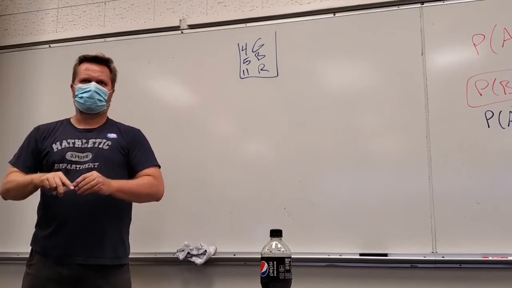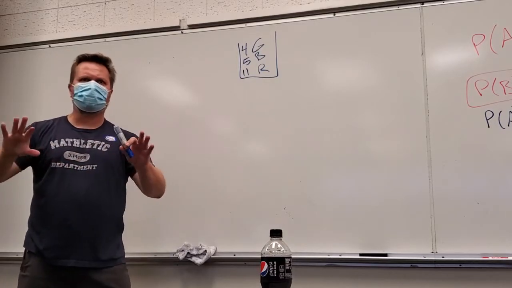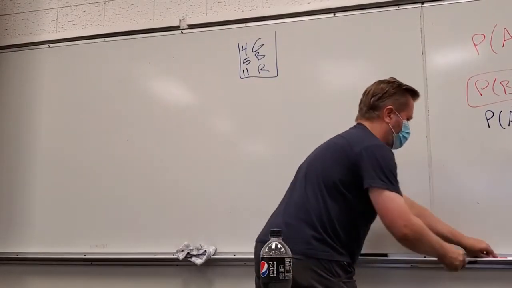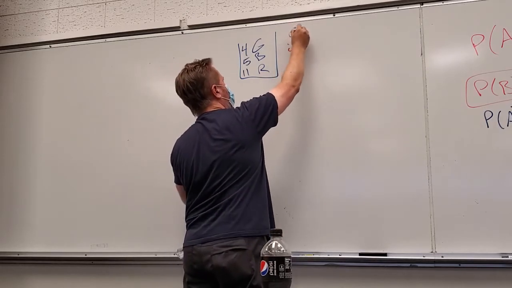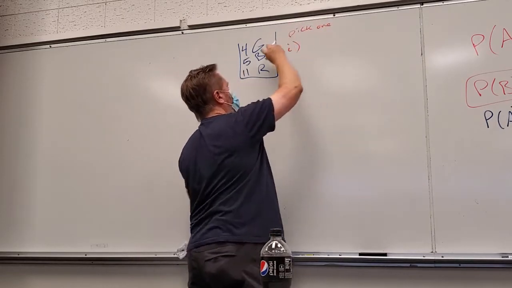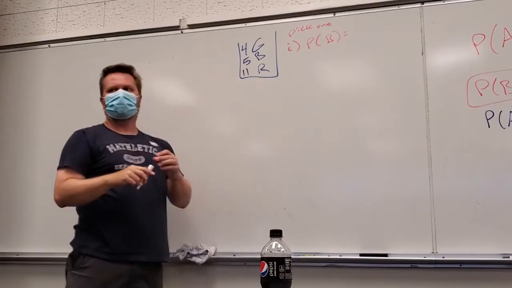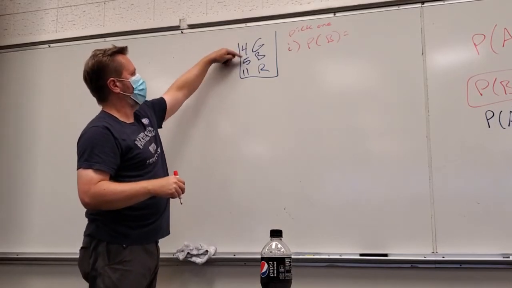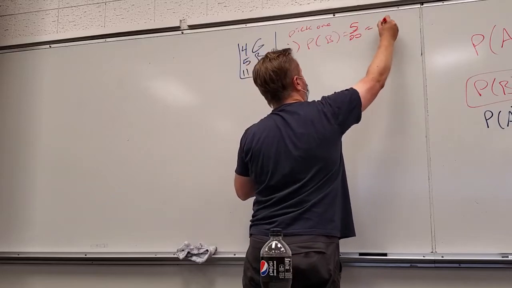Pretty straightforward. Much better than cards. Real quick, if I pick one poker chip, what's the probability that it's blue? 5 out of 20. Yeah, 5 possibilities out of 20 total things. So that's going to be 1/4, 25%.